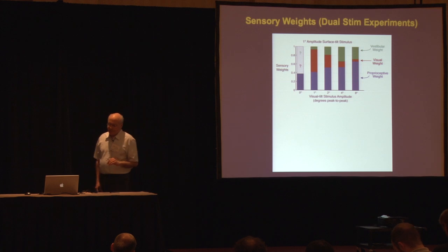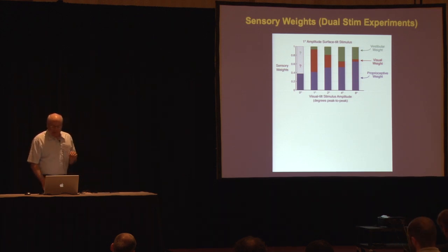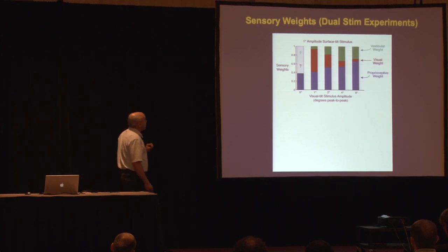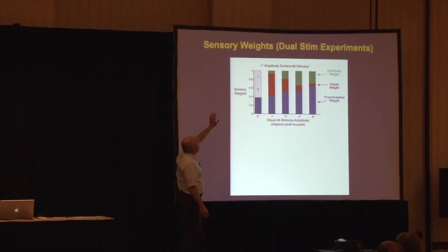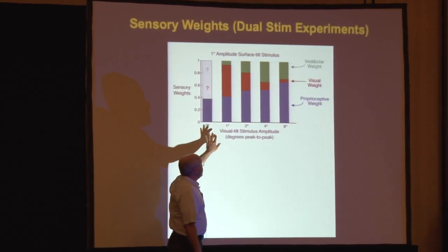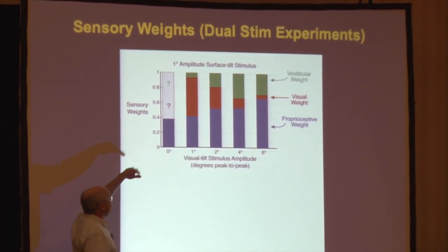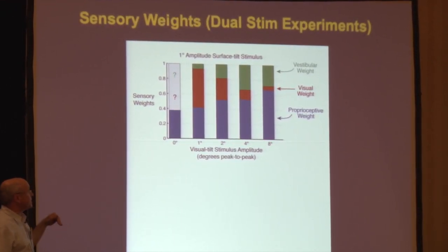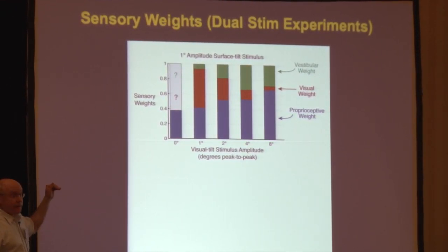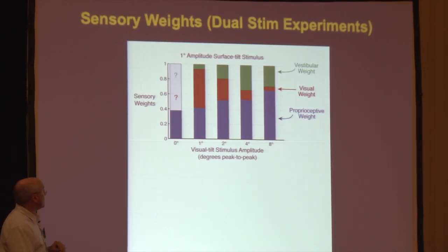But there are limitations. But this is just the pretty good result, which is if you take the visual, keep the surface tilt stimulus at 1 degree, vary the visual tilt, and you can then estimate the proprioceptive weight, visual weight, and vestibular is 1 minus the sum of those 2.